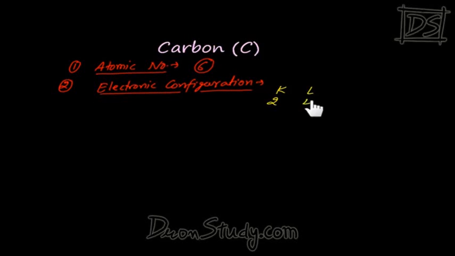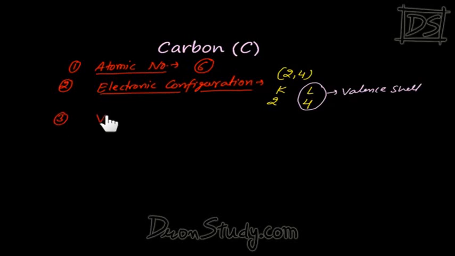And how many will go in the L shell? 4. 2 plus 4, how much is it? 6. That means the configuration of carbon is 2, 4. What do we call the outermost shell? We call it the valence shell. So how many electrons are there in carbon's valence shell? 4. Okay, let's move forward.